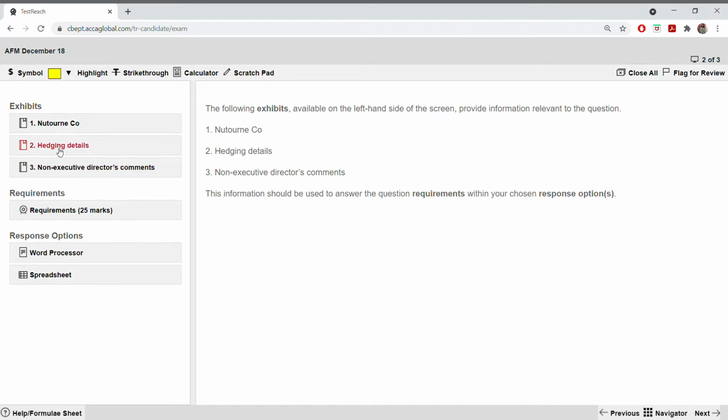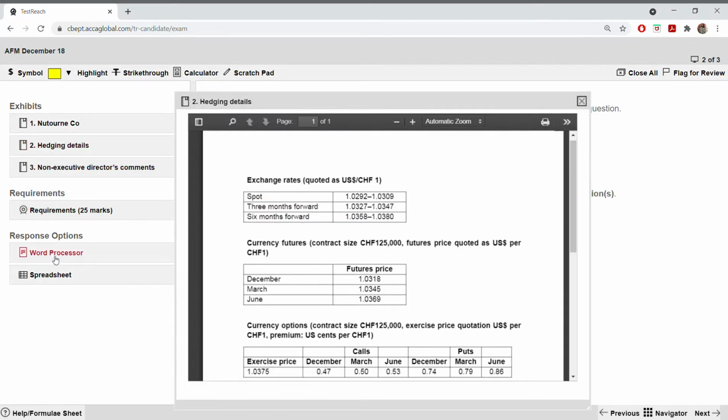So keep the hedging details in front of you and then open. Now the question comes as, what am I going to use? Spreadsheet or word processor? So first I'm going to do this answer in the word processor, and then I'm going to do it in the spreadsheet.